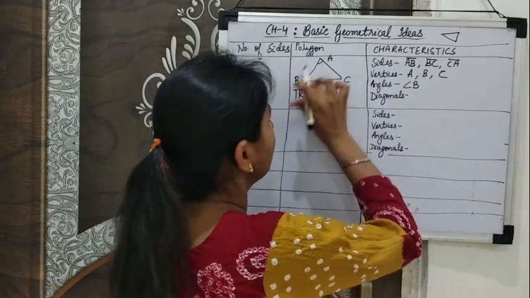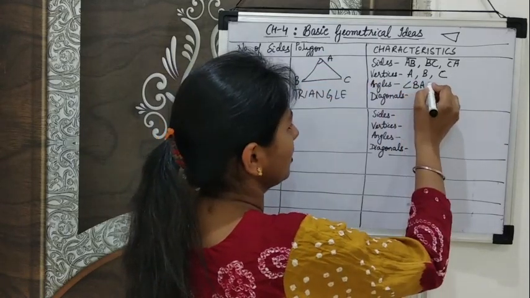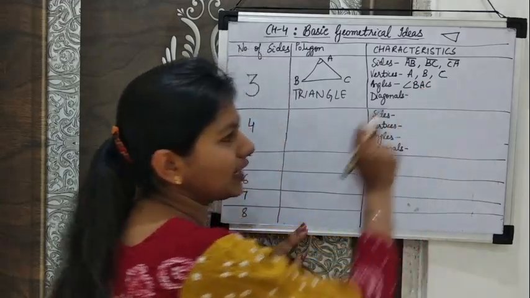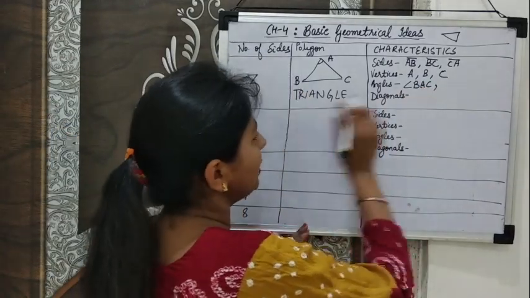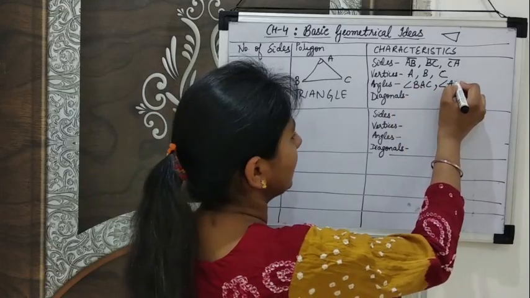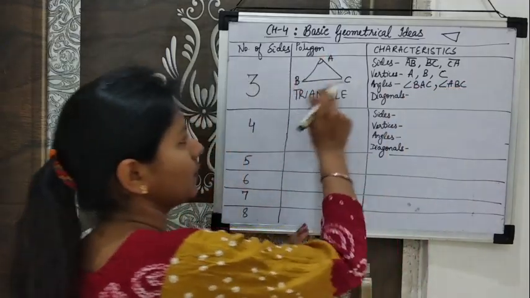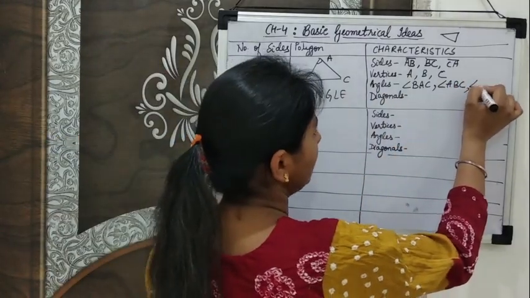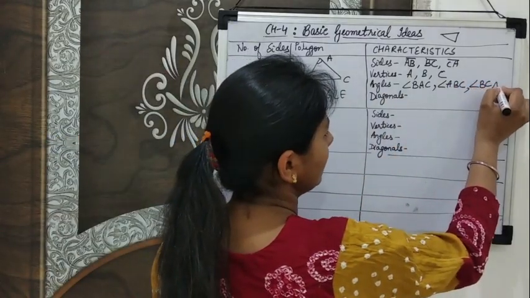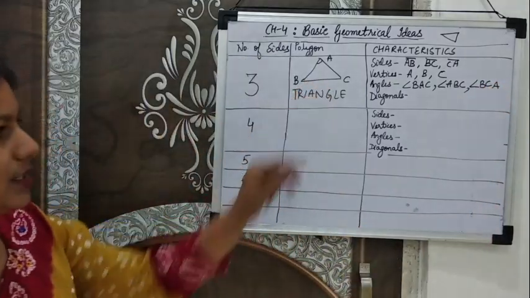Angle BAC means we are talking about angle A because it is in the center. If I have to name angle B, I can write angle ABC. Next is angle BCA, which is about angle C.